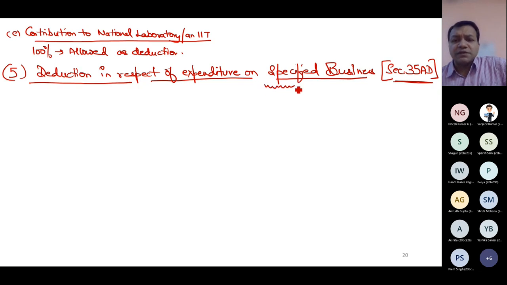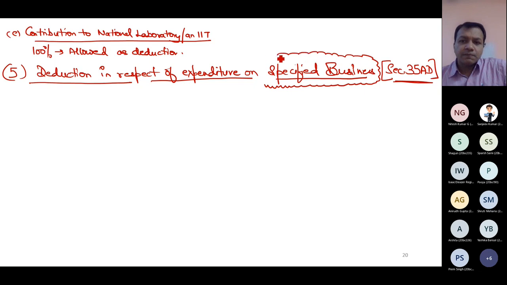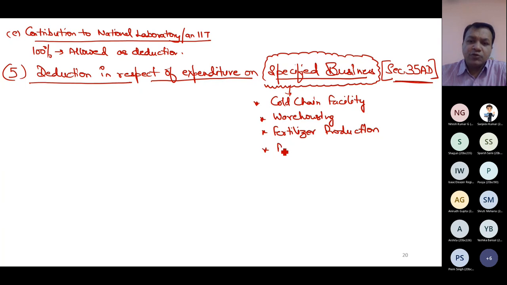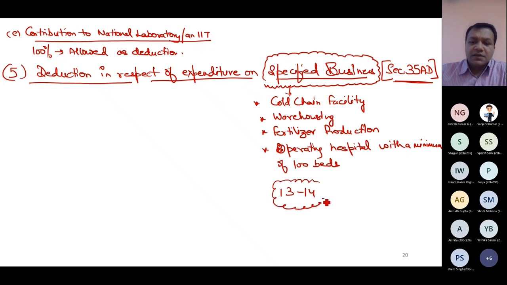There are some businesses which can be called specified businesses, like cold chain facilities, warehousing, fertilizer production, building and operating hospitals having a minimum of 100 beds, etc. Around 13 to 14 such businesses are there, which can be called specified business if, as an assessee, you want.